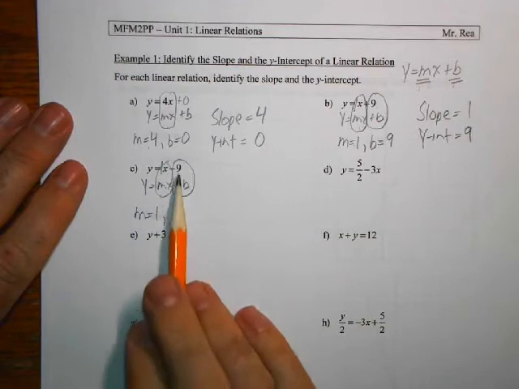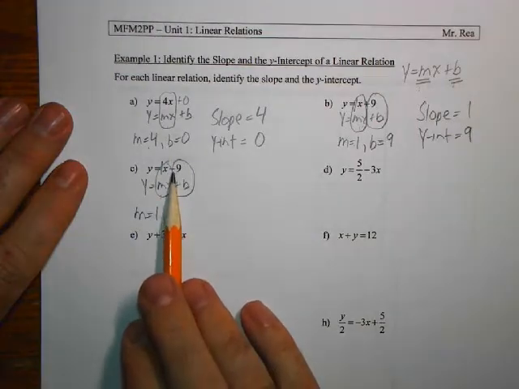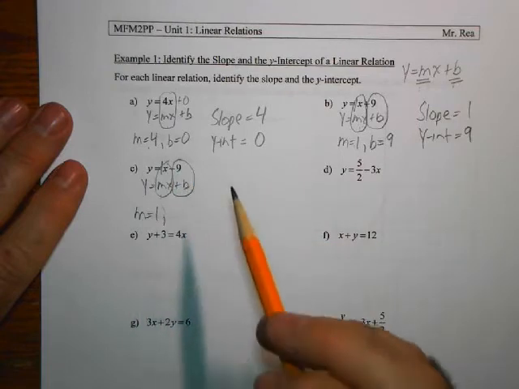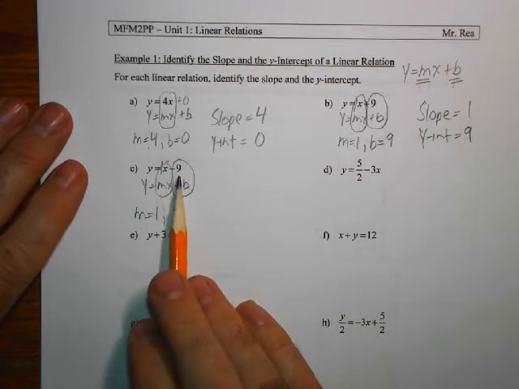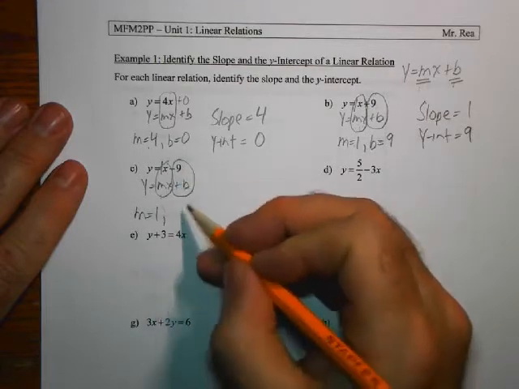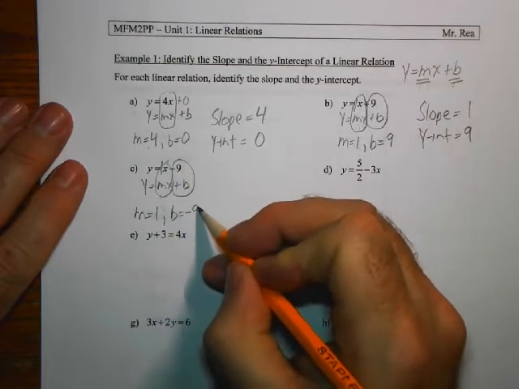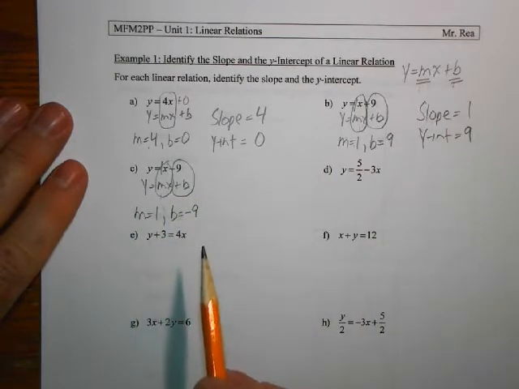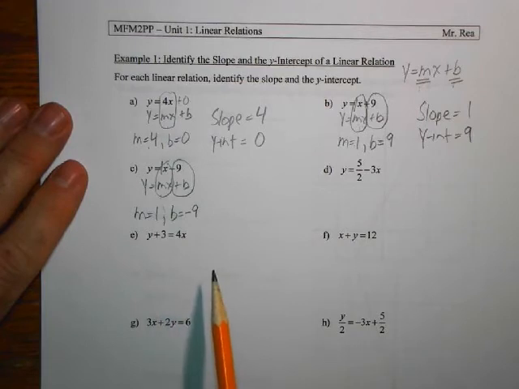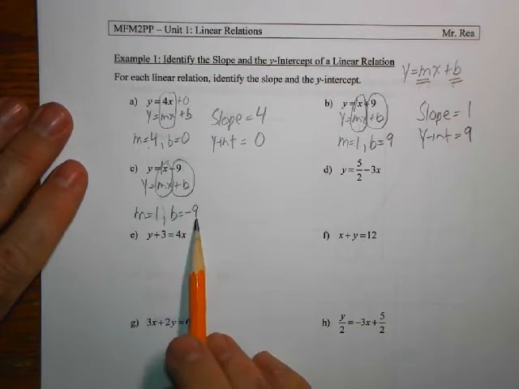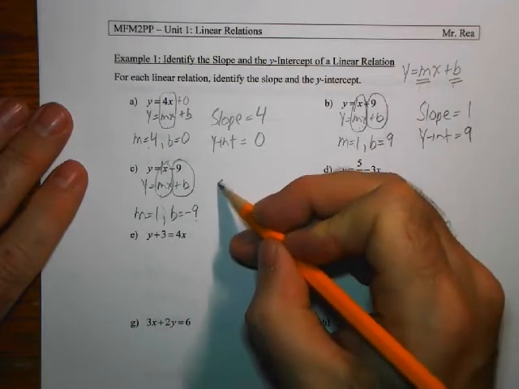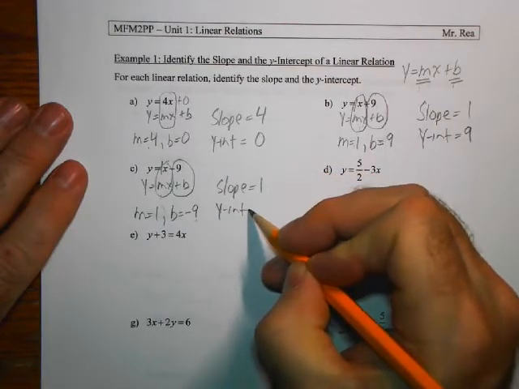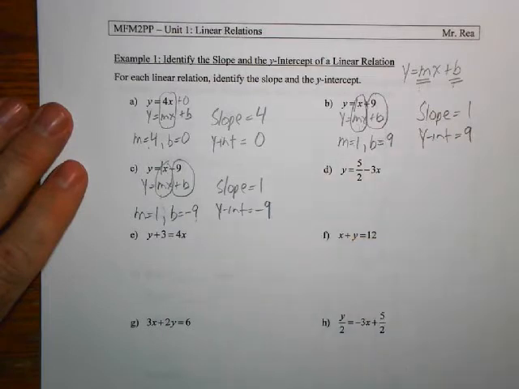And now this time, remember the sign, the subtraction sign here, I could consider that to be the sign of the number also. So in this case, the b is equal to negative 9. So whatever the sign is to the left of that constant or the variable term, if it's negative, that applies to the m or the b value. So in this case, b is negative 9. So that tells us slope is 1, and the y-intercept is negative 9 this time. Okay.